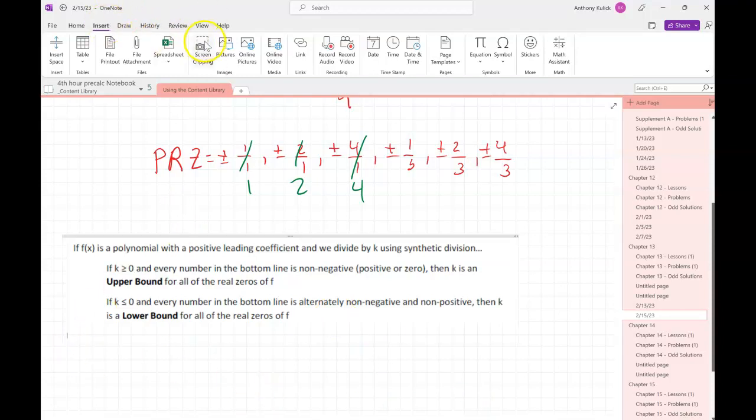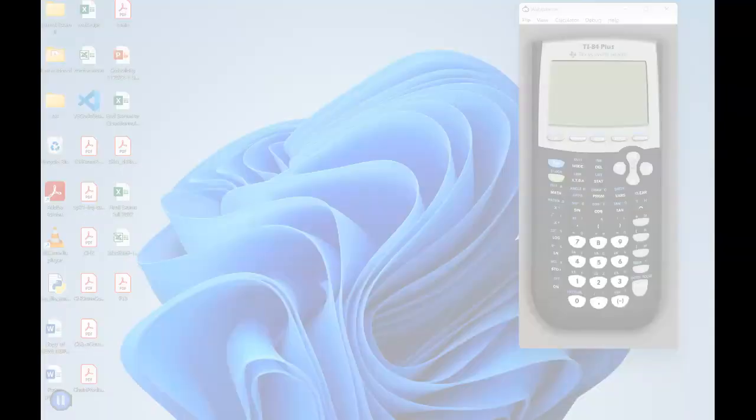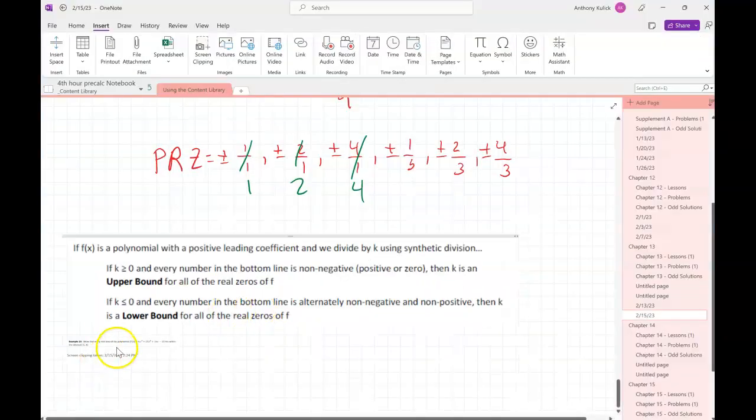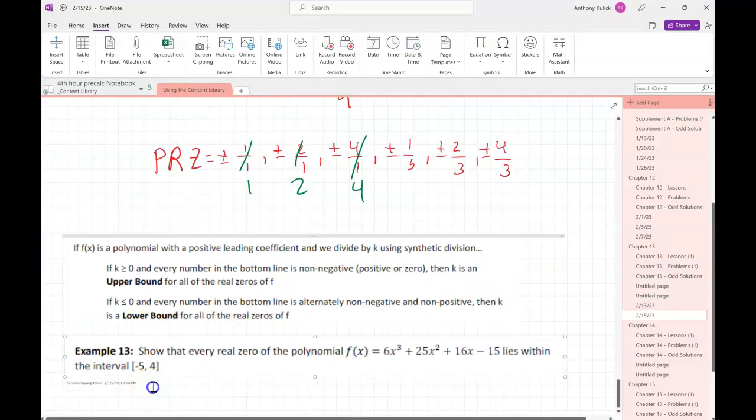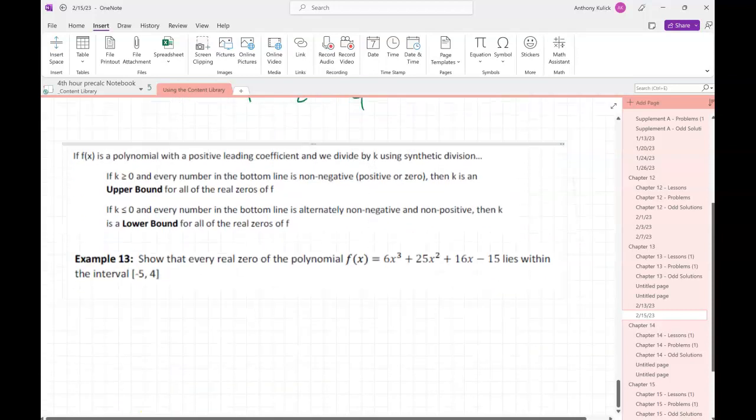So what we can do with this is a problem like this, where we can show that all of the zeros for a polynomial lie within some specific interval.